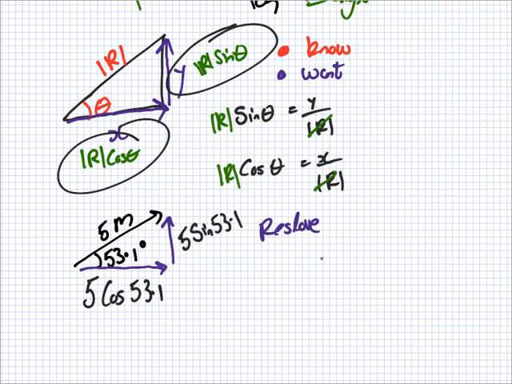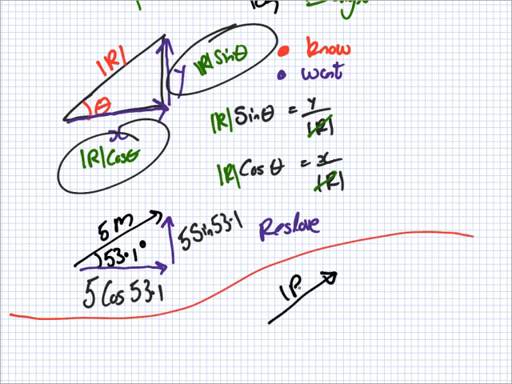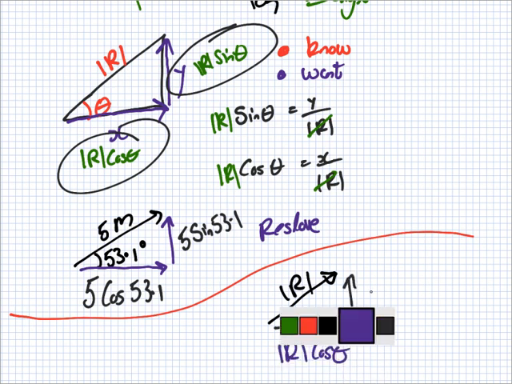So here's the shortcut. If you have a vector and you know its magnitude and you know its direction, this side is magnitude multiplied by cos, and this side is magnitude multiplied by sine.